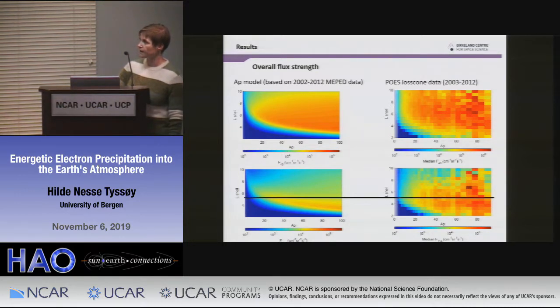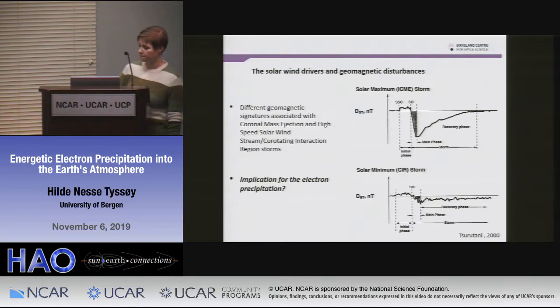So the question is then, how does this vary with time? Because throughout the solar cycle, we basically have two main features that will drive particle precipitation events. You have the coronal mass ejection driven storm, which gives a generally strong geomagnetic index signature, here shown in Dst.